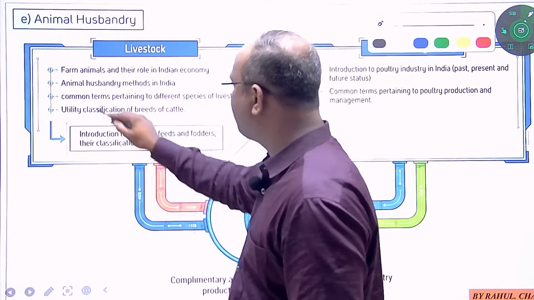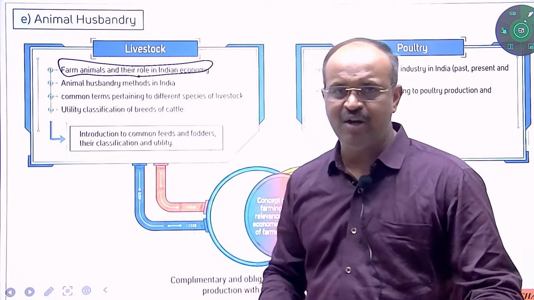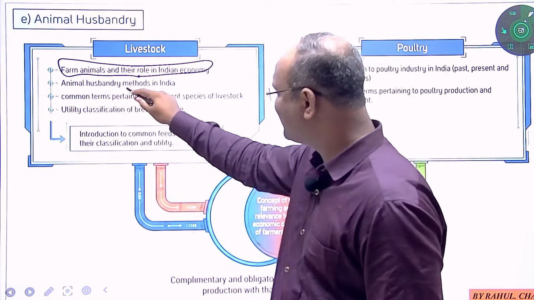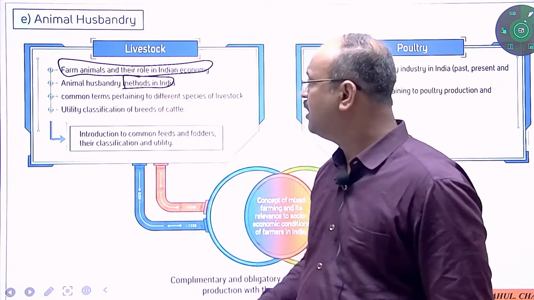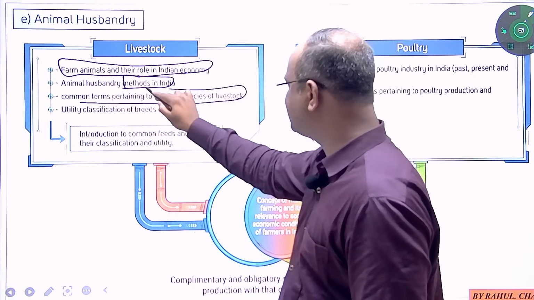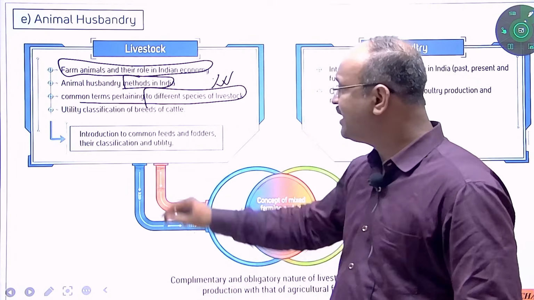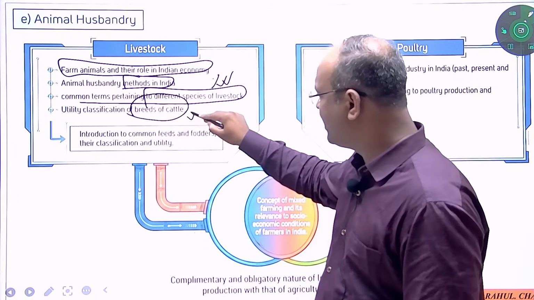Now see, farm animals and their role in Indian economy, not much important from the objective point of view. Animal husbandry methods in India, not much important. But when we see common terms pertaining to different species of livestock, very, very important. Utility classification of breeds of cattle, very, very important.